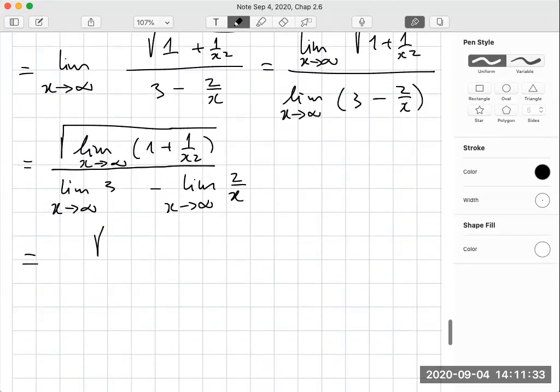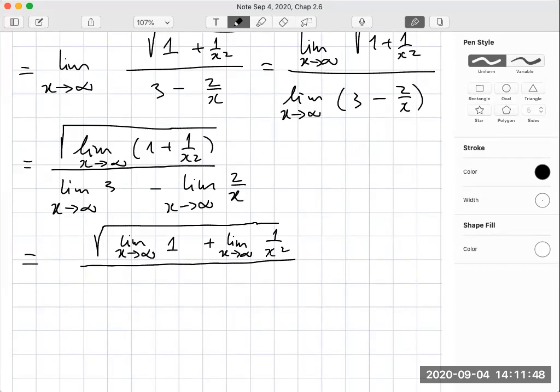Then it is the square root of the limit of 1 plus the limit of 1 over x squared, divided by, here the limit of a constant would be that constant, minus 2 over x, which is a rational function. It's continuous at infinity, so we can substitute, and it becomes 0.